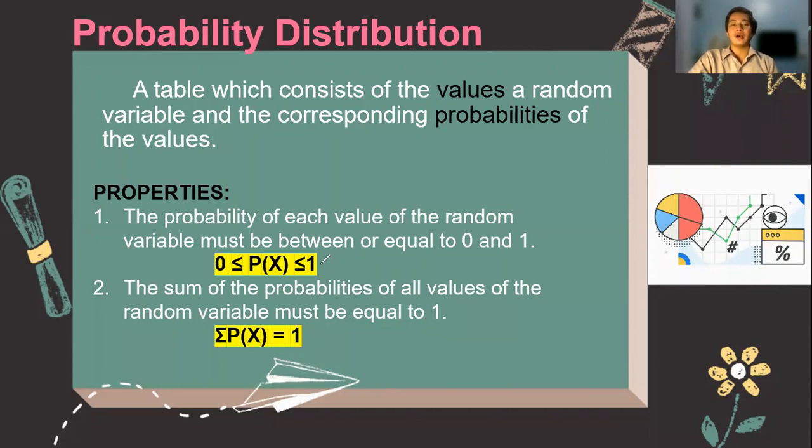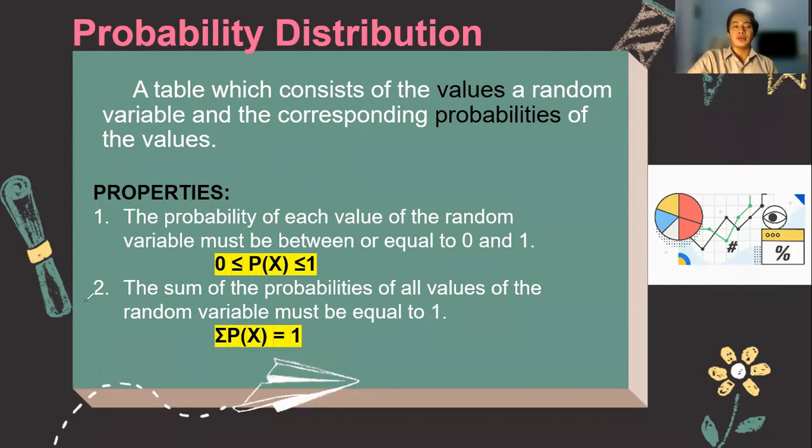But if you have a fraction less than 1, then those are accepted. Probabilities which are negative are also not accepted. For as long as it is between 0 and 1, then that possesses the property of a probability distribution.